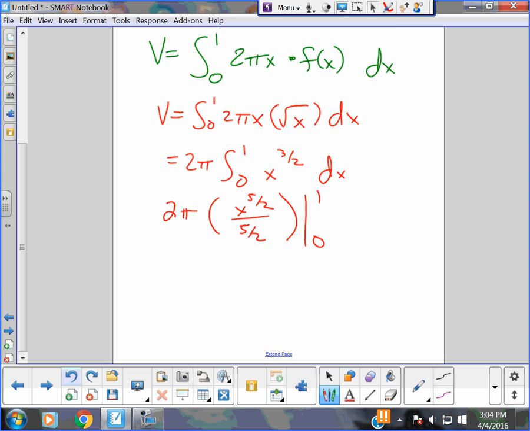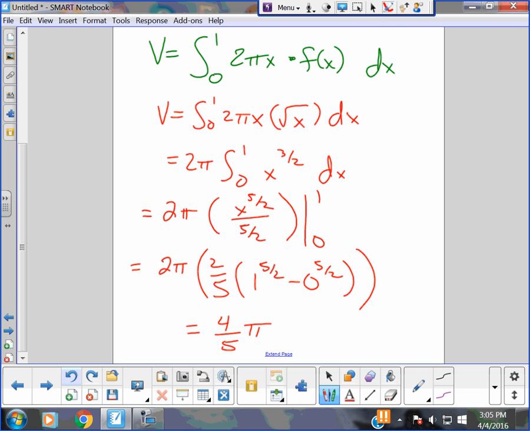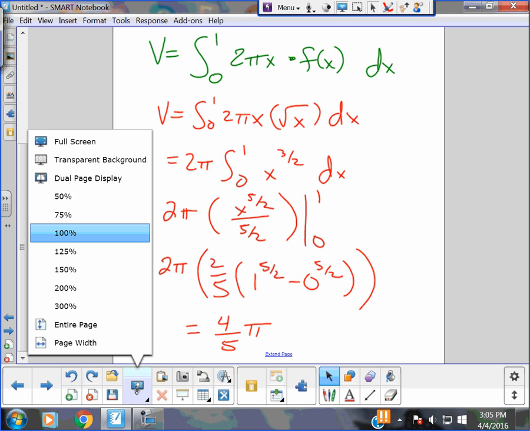I get 2 pi times 2 fifths times 1 to the 5 halves minus 0 to the 5 halves when I do the evaluation. Last time I checked, 1 to the 5 halves is 1, and 0 to the 5 halves is 0. 1 minus 0 is 1. What's 2 fifths times 2 pi? 4 fifths pi, everybody.